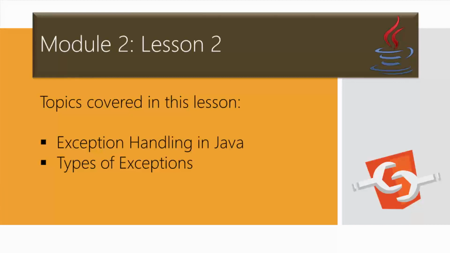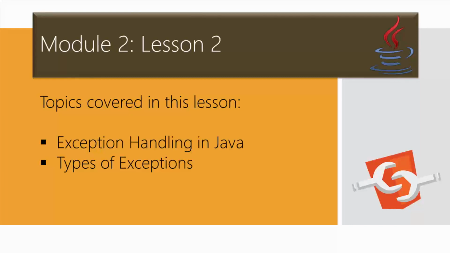The errors, on the other hand, indicate serious problems or abnormal conditions that most applications should not try to handle. These errors define problems that are not expected to be caught under normal circumstances by the program. This could be, for example, a memory error, a hardware error, or a Java virtual machine error and so on. So I just wanted to reiterate the basic difference between exceptions and errors.